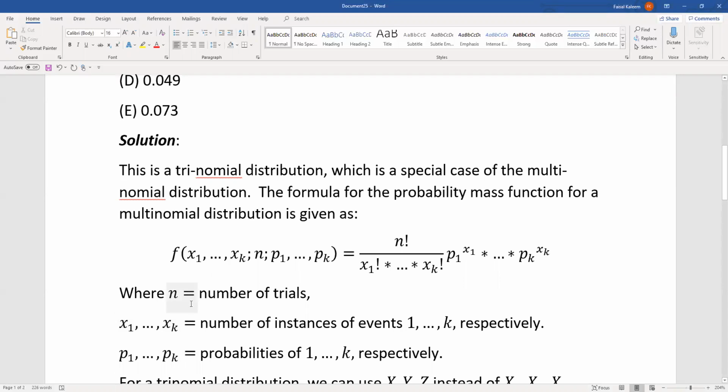For a trinomial distribution, we will have x1, x2, x3, and more conveniently, we can also use x, y, z instead of x1, x2, x3.